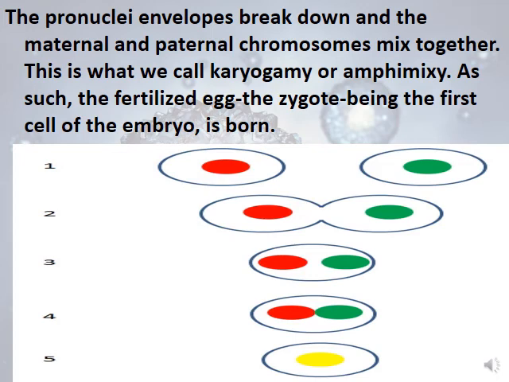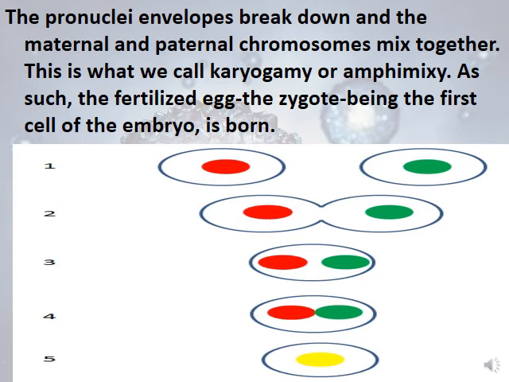This is what we call syngamy. As such, the fertilized egg, which is called the zygote, is the first cell of the embryo. This is syngamy, the fusing of the male and female, maternal and paternal gametes to give the zygote, and this is the figure showing syngamy.